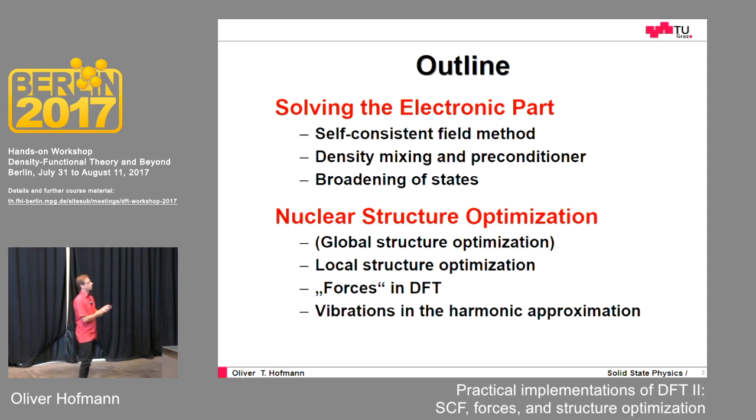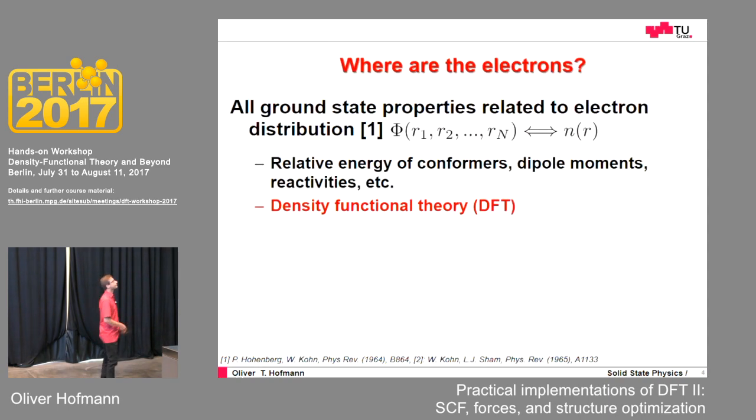Here we'll focus on local structure optimizations, forces in DFT, and vibrations only within the harmonic approximation. Most of these parts will be discussed, at least from a theory perspective, in a little bit more detail by later speakers. And that's also why I want to focus more on the practical implications.